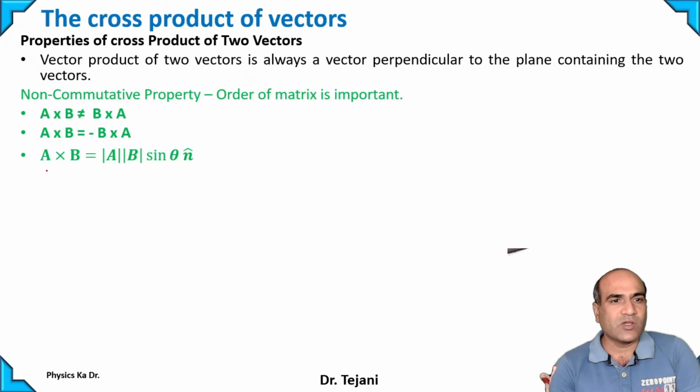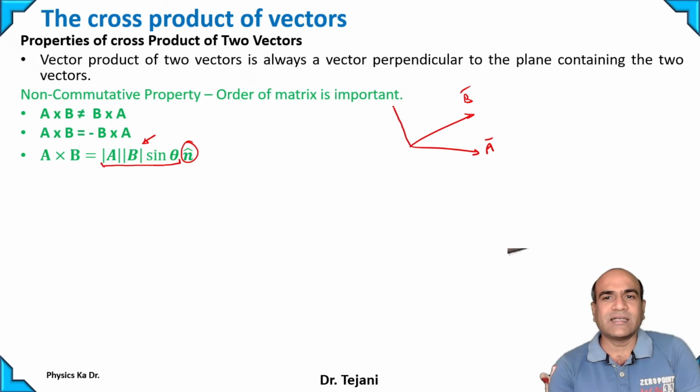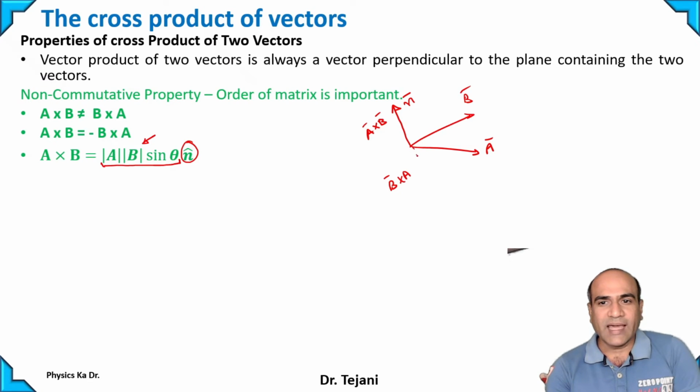The reason is that A cross B is equal to AB sine theta. This portion is the magnitude, and there is no problem with the magnitude, but here the direction matters. When we talk about A bar, B bar, its resultant is perpendicular, along N bar, when we take A cross B. But if we take the opposite one, B cross A, the direction flips.